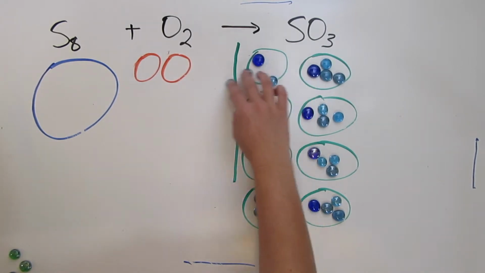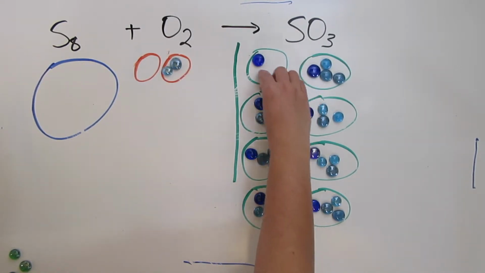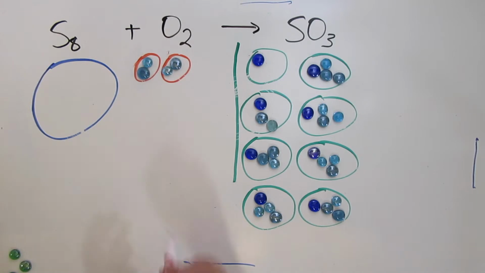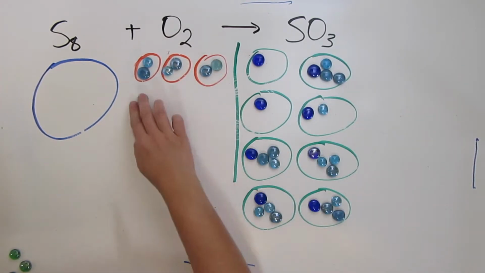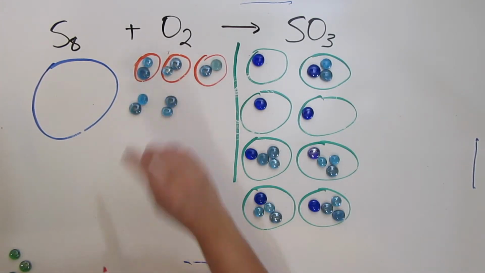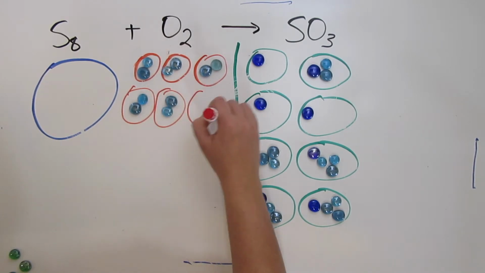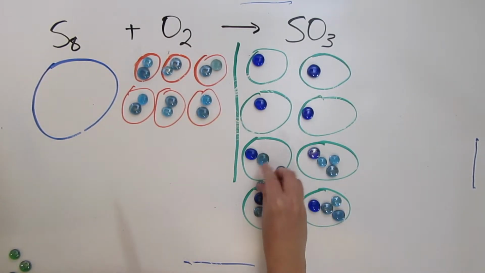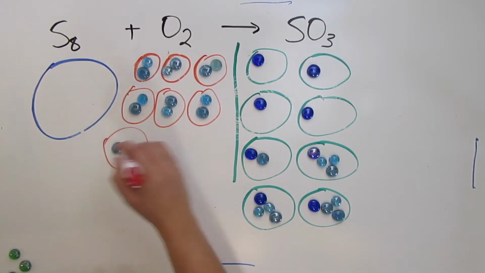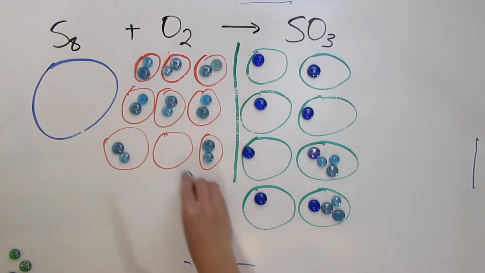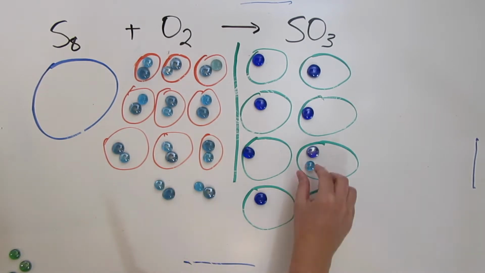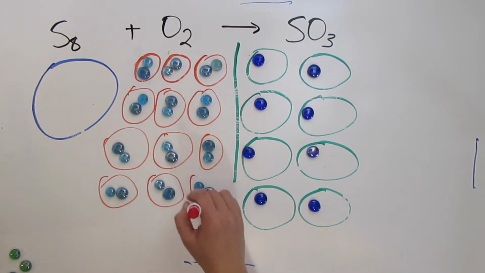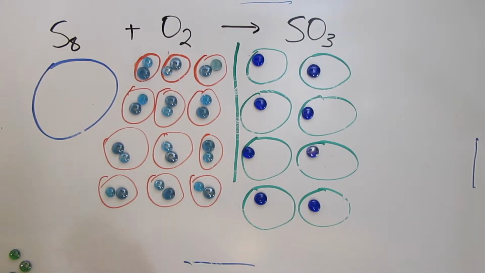So we can take our oxygens and move these back to the reactant side, and basically for every 2 that I move over, I'm going to say that's 1 molecule of oxygen that we started with in the first place. So you can see we needed a lot more oxygen.